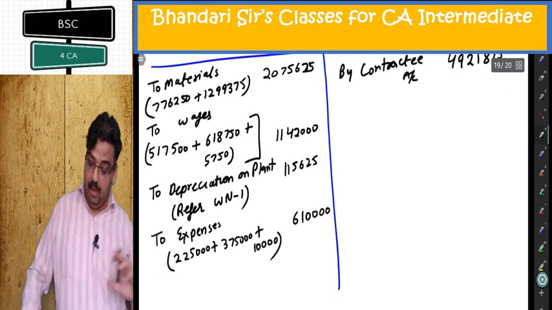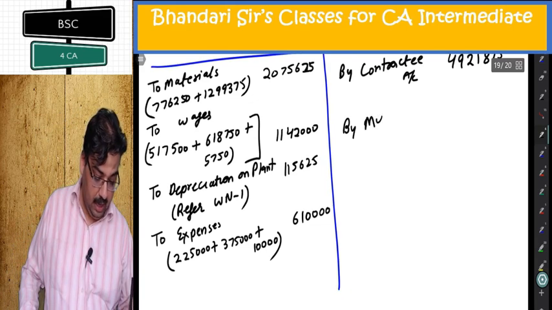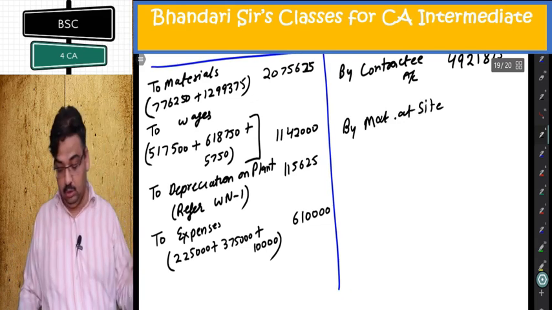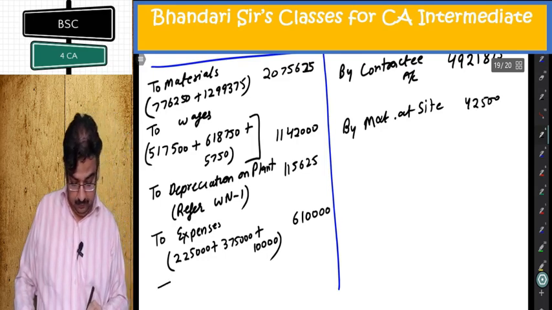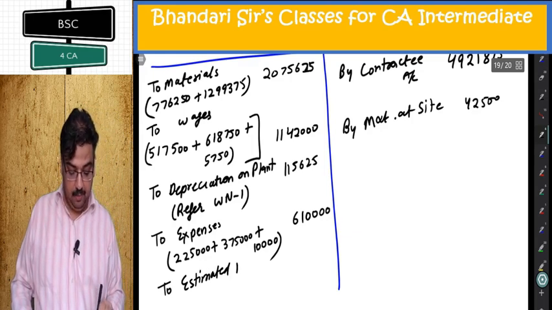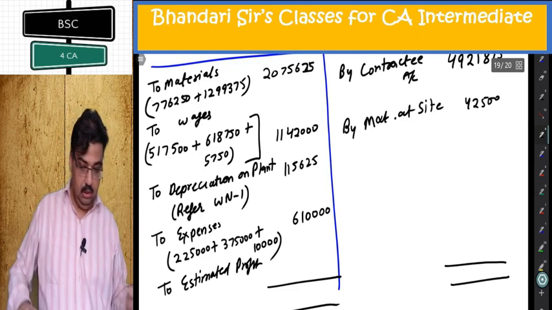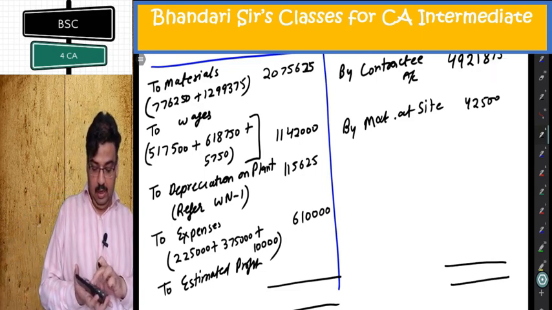Depreciation I put, WIP will not come. Extreme end material is there. By material at site, be sure do not add only closing material. 42,500 will come. Balancing figure will be the estimated profit. Let us calculate. 49,21,875 plus 42,500.